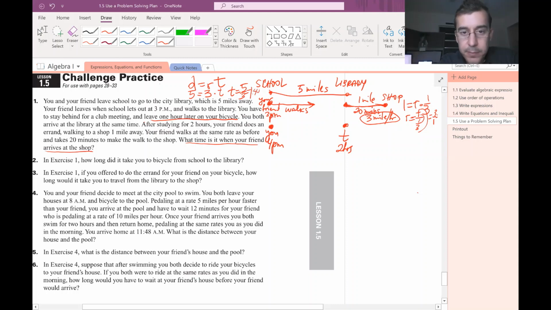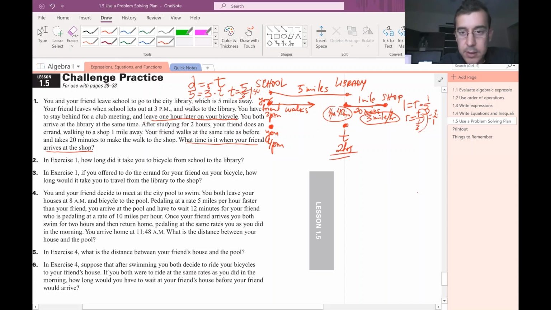So if he leaves school at 3 p.m., when you add 1 hour and 40 minutes to 3 p.m., it's 4 o'clock and 40 minutes. He arrives at the library at 4:40 p.m. Now they spend 2 hours studying, right?